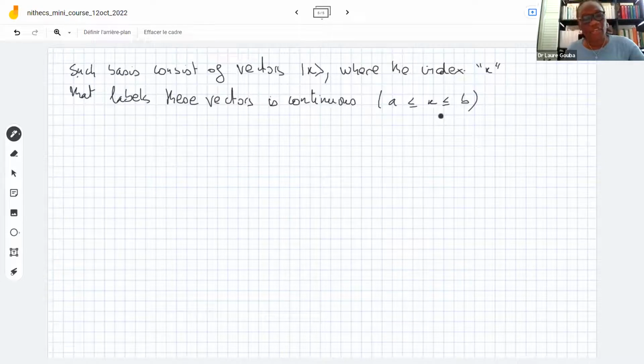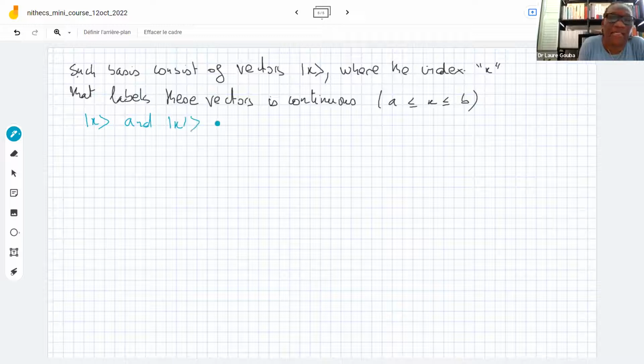Since the index is continuous, I mean the x are continuous, it will be difficult to set certain things like the normalization condition, but we can still say something about orthogonality. So we assume that the basis vectors are orthogonal in the sense that if I have |x⟩ and |x prime⟩, then they are orthogonal. Orthogonal means that the inner product is equal to 0.